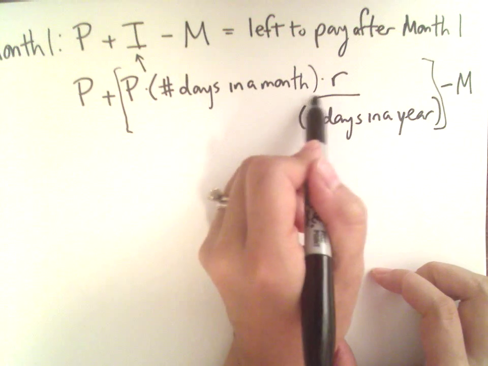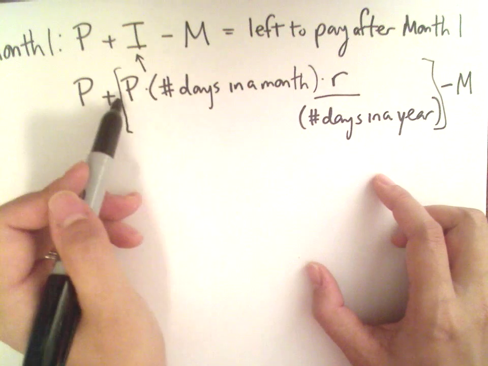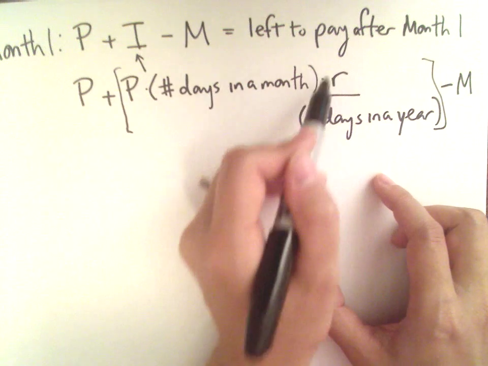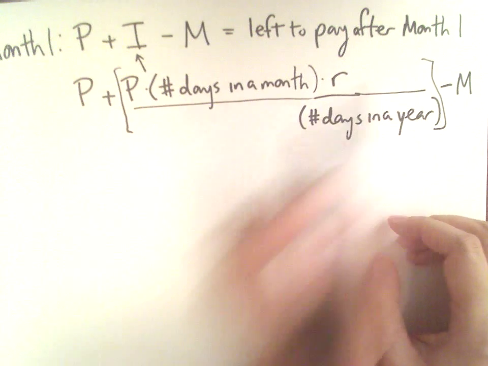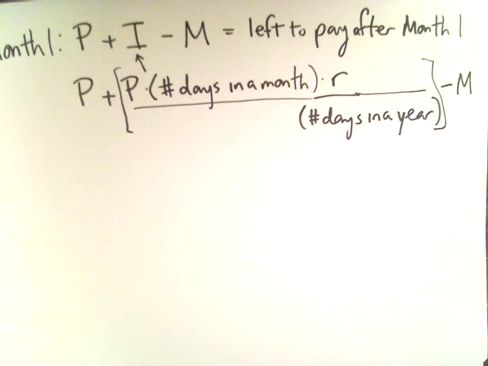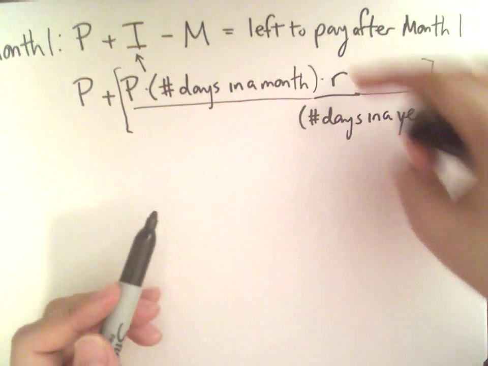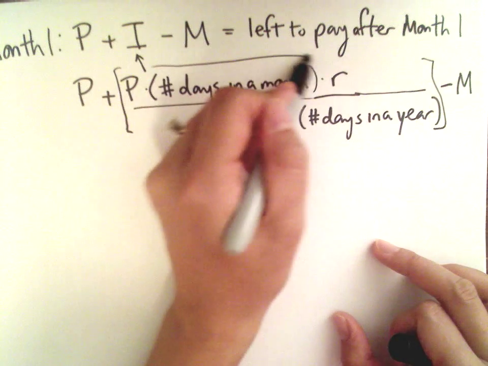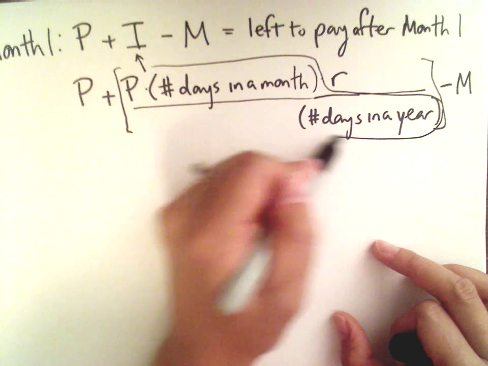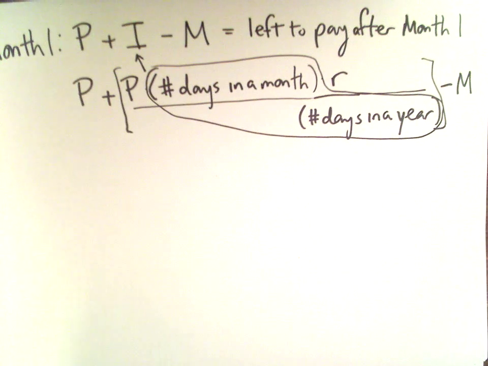Let's try to simplify this a little bit. Since this is all multiplied together, we can do this times this times this, all divided by the number of days in a year, and that doesn't change the math at all. So we're going to regroup this, so it's not R divided by the number of days in a year, but we focus on the number of days in a month divided by the number of days in a year.